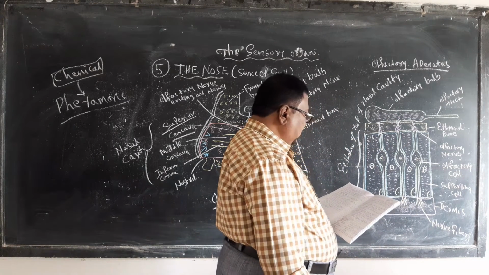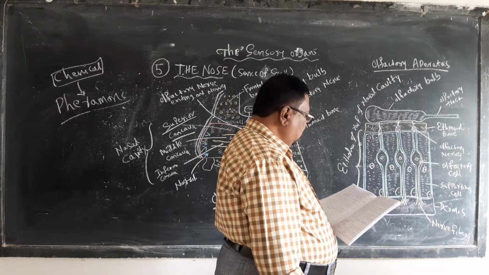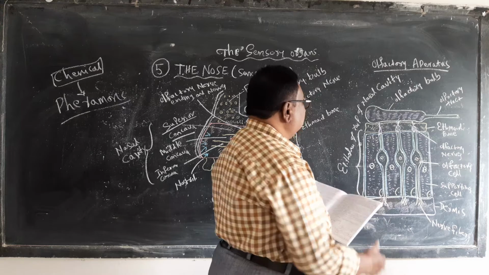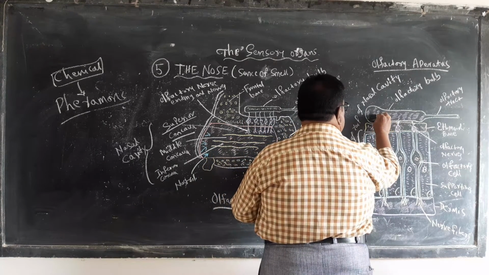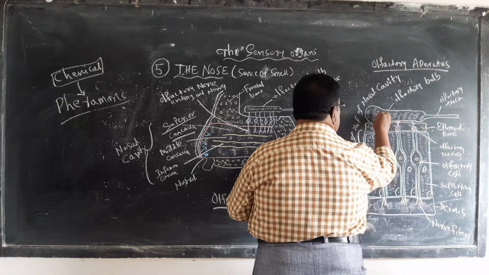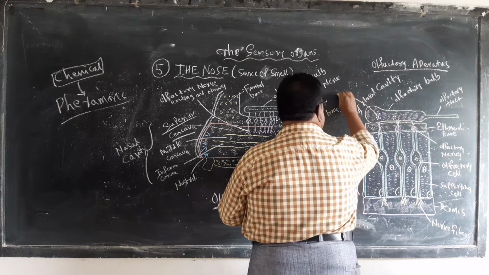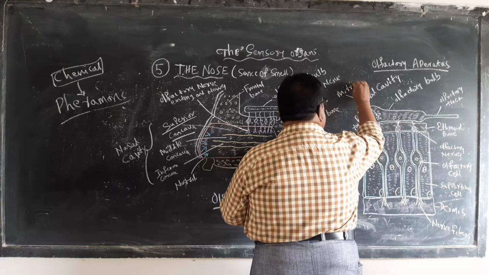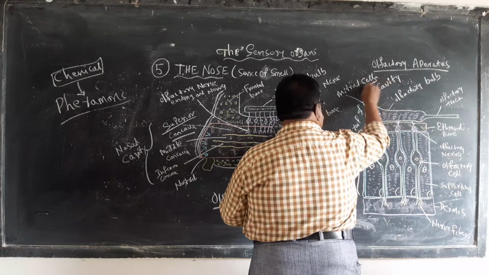The olfactory bulb has important neurons called mitral cells. Here you can see the mitral cells, which are very specialized cells.